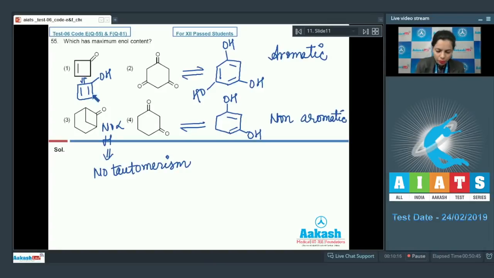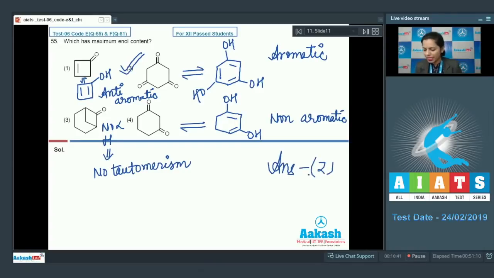And in the first case, this enol form is there, but this enol form is anti-aromatic. And we know that the most stable one is the aromatic enolic form. It means maximum enolic content would be there with the compound that's given here in option 2. That's the correct answer for this question. Let's take question number 56.